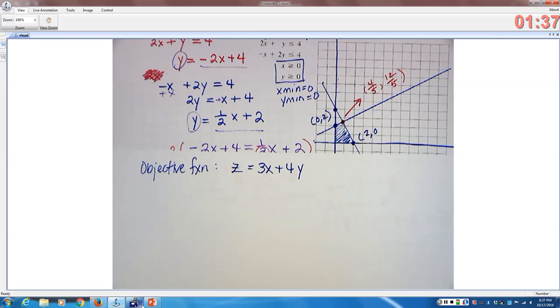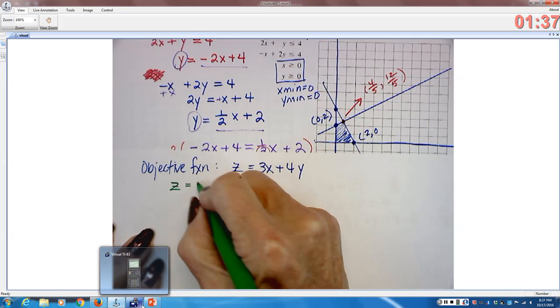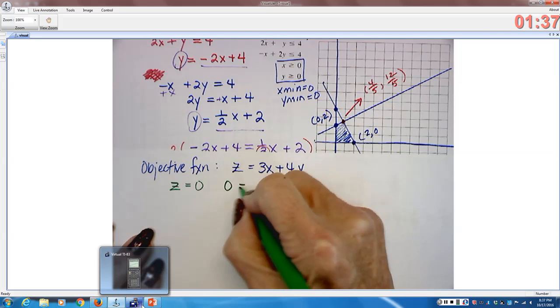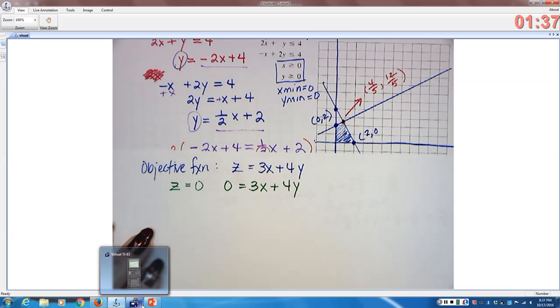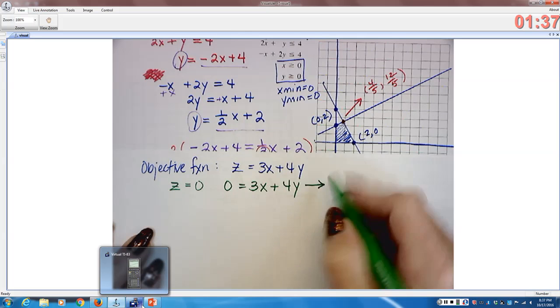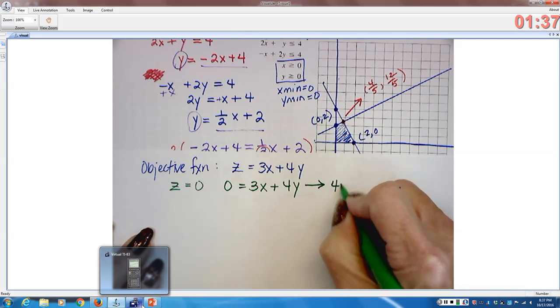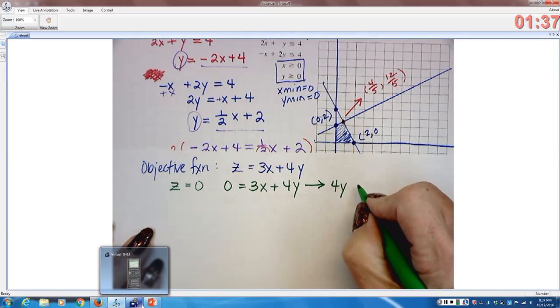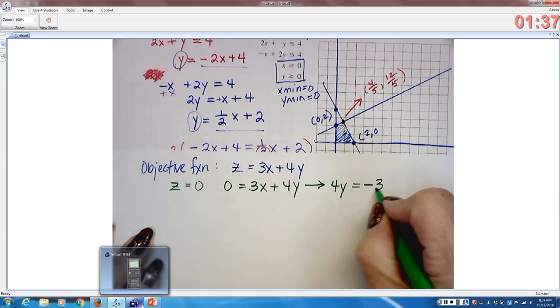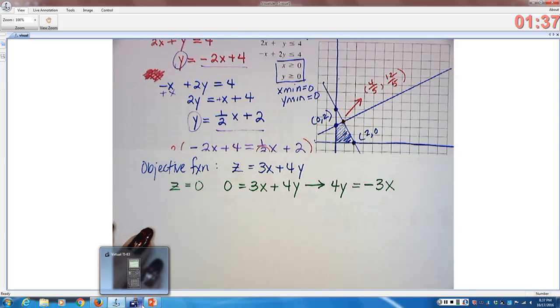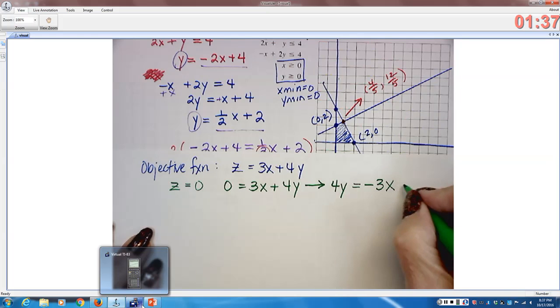Now, if I let z be equal to 0, I have 0 equals 3x plus 4y. I'm going to solve that for y. Which means 4y is equal to negative 3x. And if you want to put negative 3x plus 0 over there, that's fine.